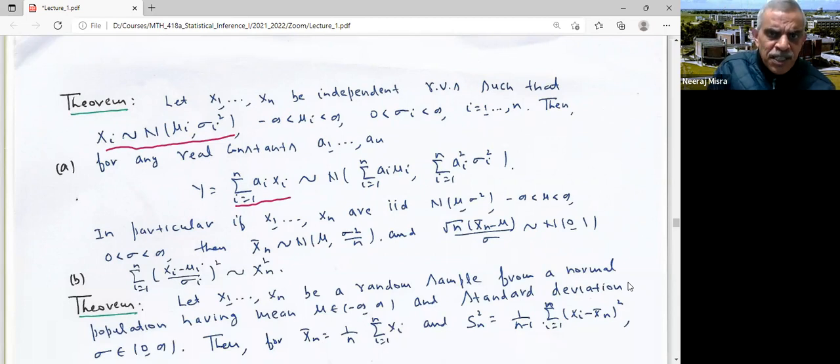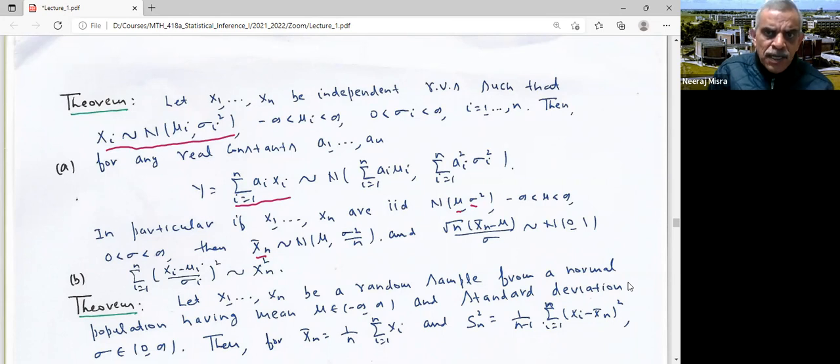In particular, if X1, X2, ..., Xn are IID normal mu, sigma square, or in other words, if X1, X2, ..., Xn is a random sample, then all of them have to be identically distributed, so same mean mu and same variance sigma square. If I take ai to be 1 upon n, my Y becomes X bar. So X bar would be normal.